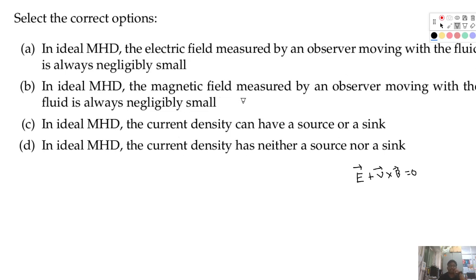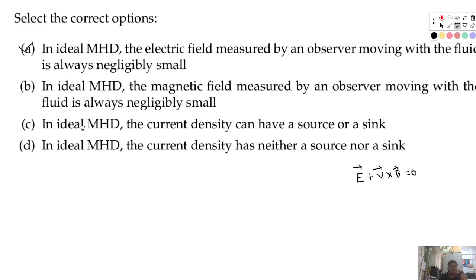So basically this option A is the correct one. Okay, so electric field will be negligibly small, but your magnetic field will not have any restriction like that.